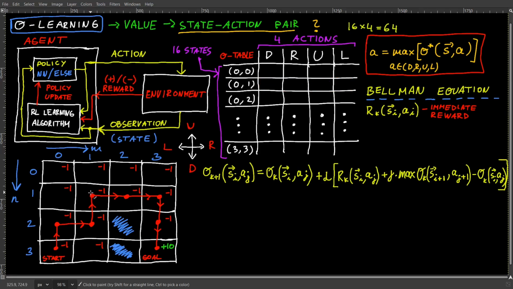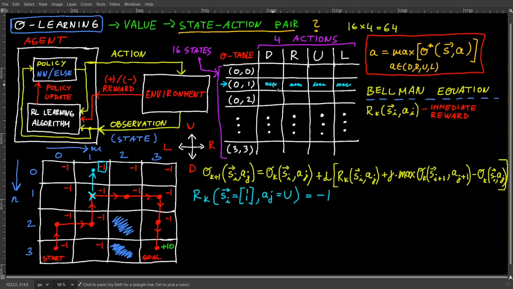So in conclusion, you are in this state here and you decide to take this action up, which brings you to this state, which means that your immediate reward will be this one. It will be -1, and then when you are in this new state, you check the current Q values that you have for every state action pair for this new state.